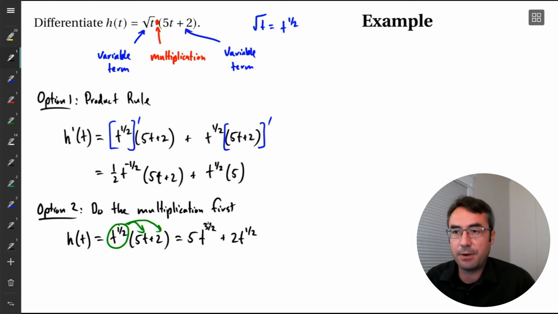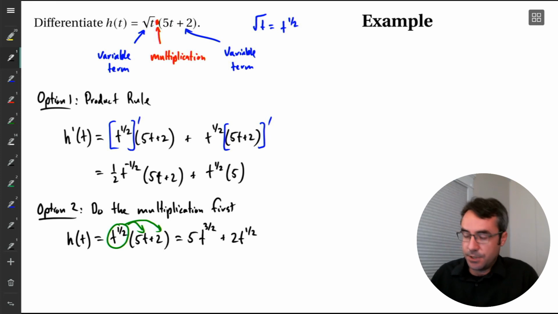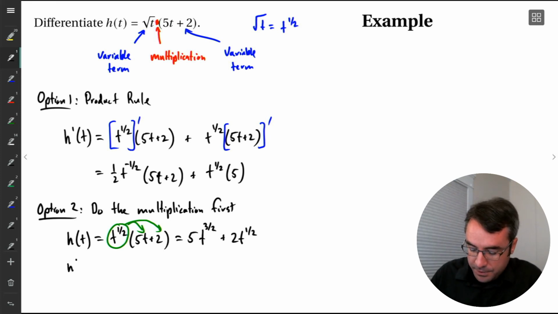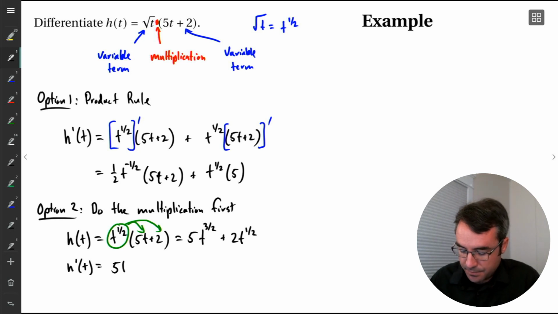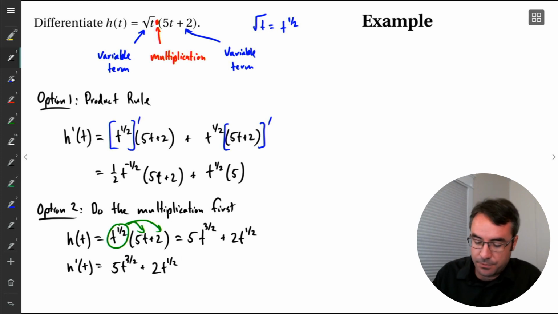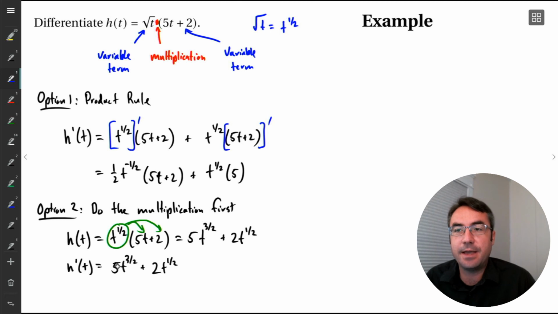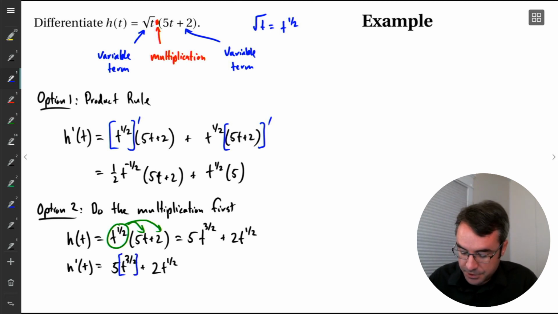This is just a power function. This is just a power function, and we have a plus sign in between. So how the derivative works is, let's really emphasize our derivative rules here. When we have a constant multiple times a power function, we can just apply the derivative to just the power function.